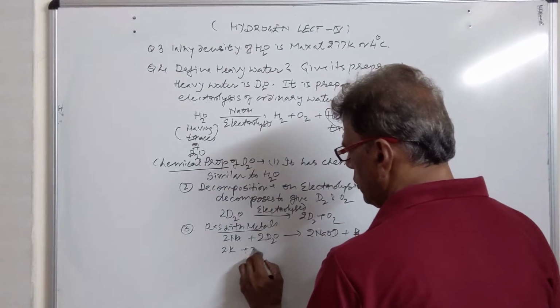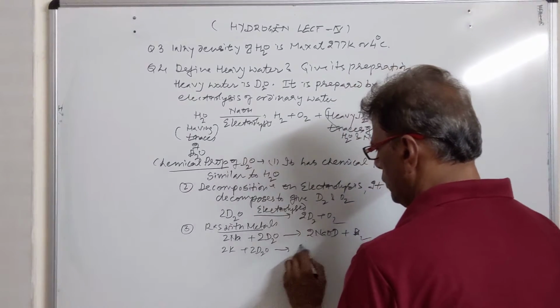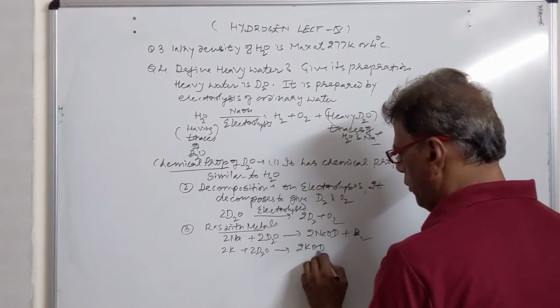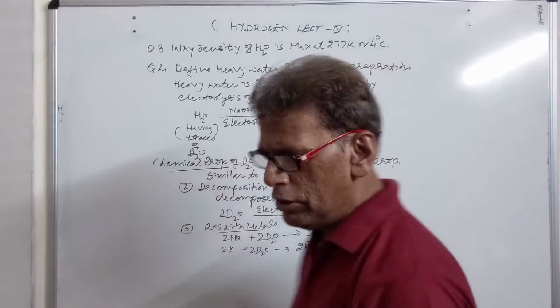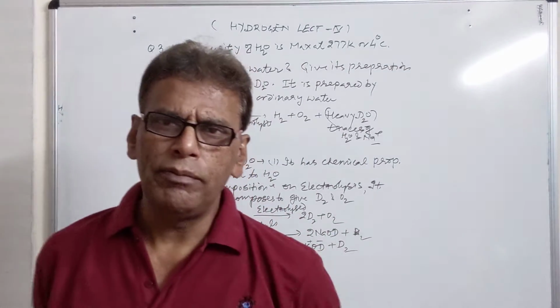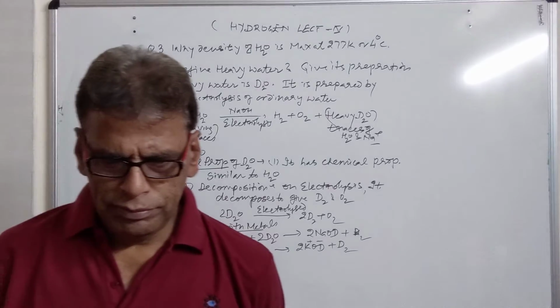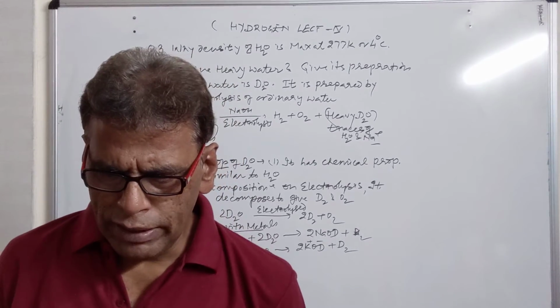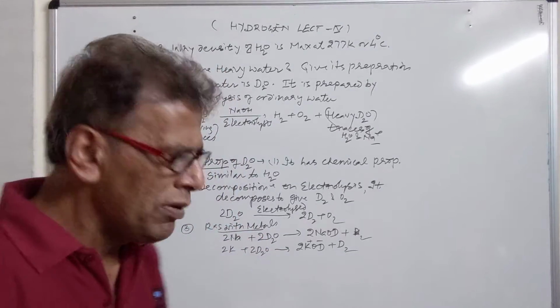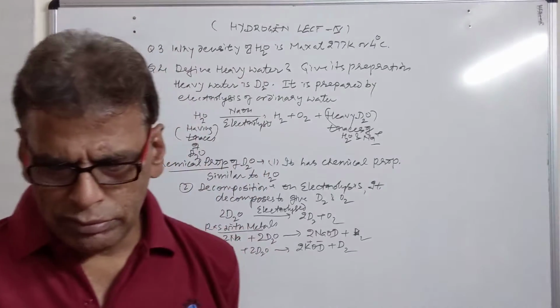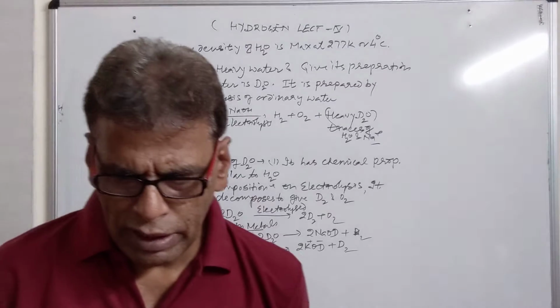Similarly 2K plus 2D2O, you get 2KOD. In this manner we are getting the deuteroxide on reaction with metals. Other properties are similar to ordinary water, so we are not going to discuss them in detail.